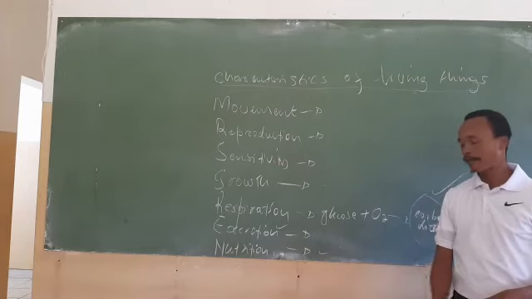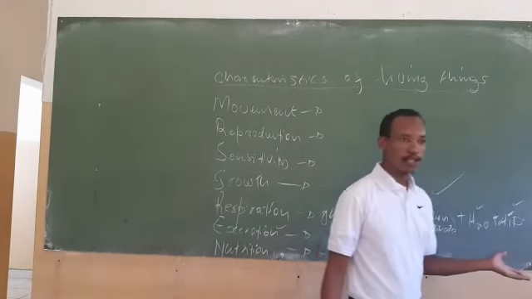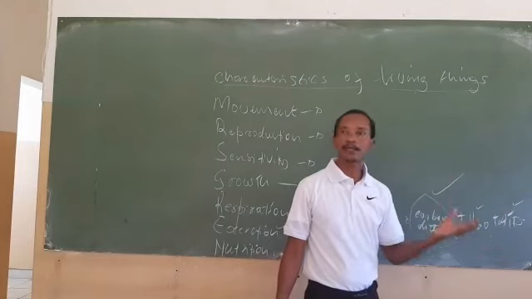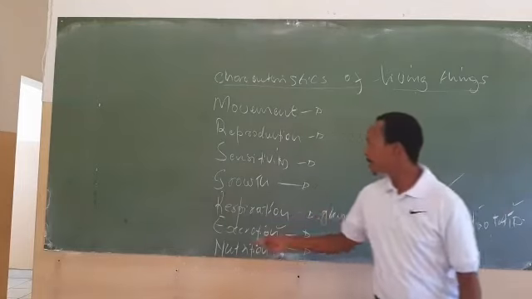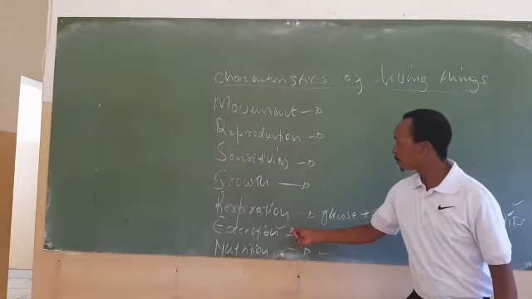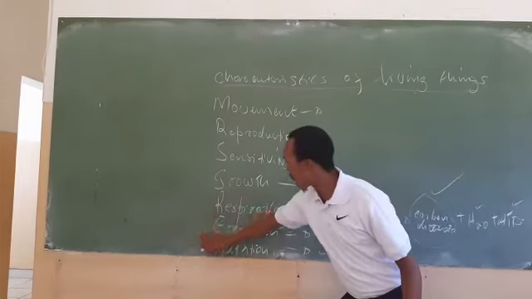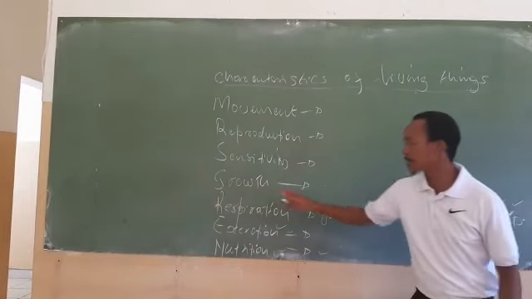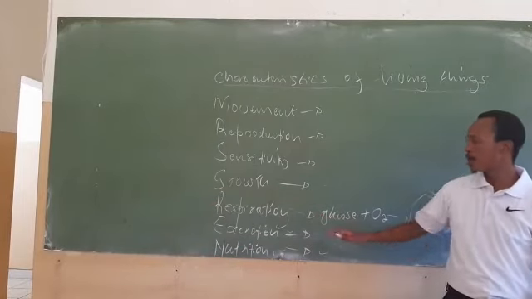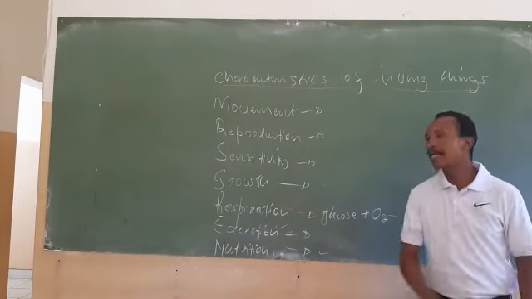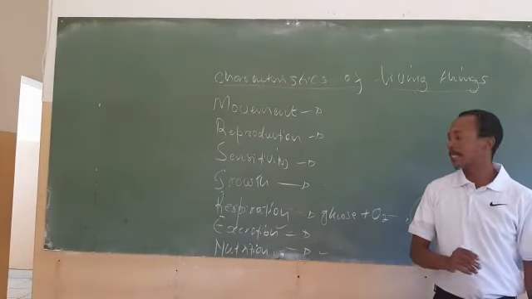Okay, then we have got nutrition. Nutrition, that is actually the taking in of substances. Okay, then if you look well, nutrition, excretion, and respiration, these are very, very important basics of life, because these characteristics actually are the ones that balance up your body system.